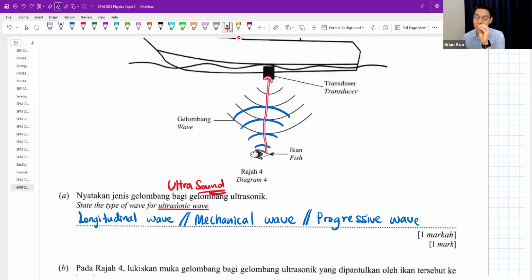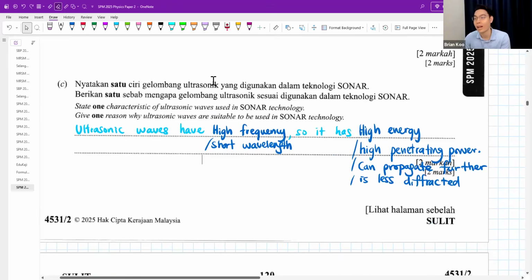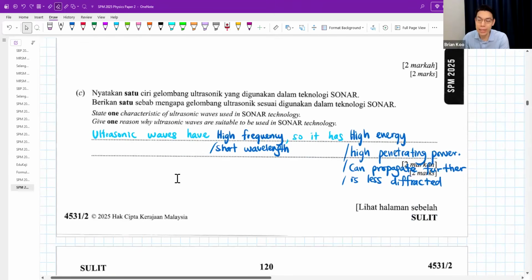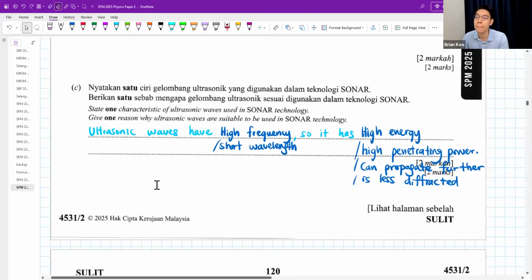You don't want it to become very weak and spread to the side like that. Straight down, straight up. Ultrasound can do that because it is very strong, very high frequency, very high energy. So you can use all these words. How you write your sentence, how you write your points, actually not so important. We see keywords, actually we already award you the marks.